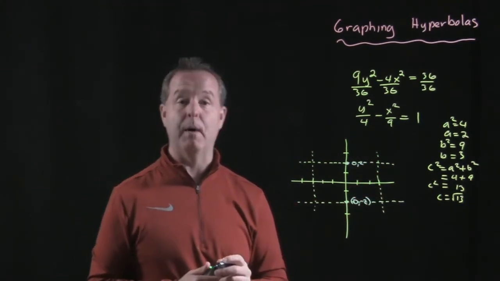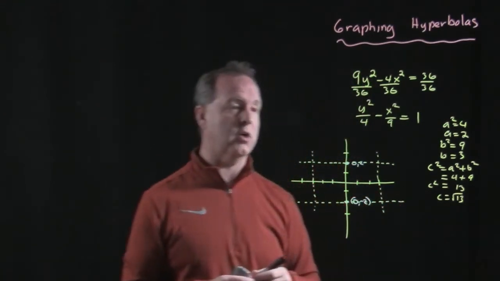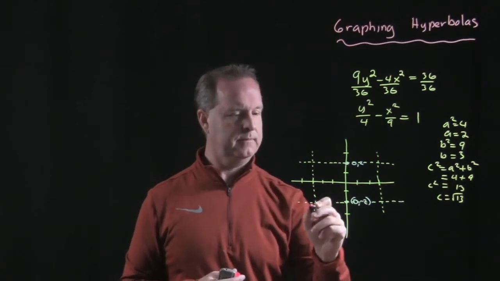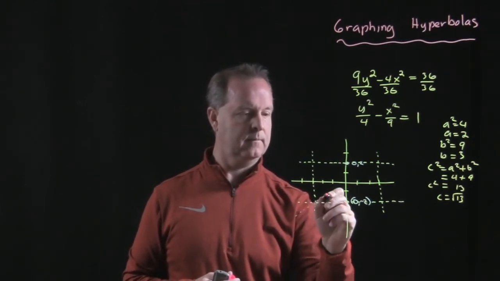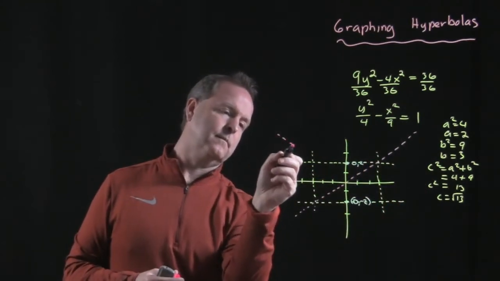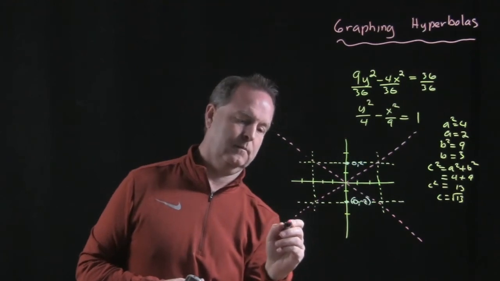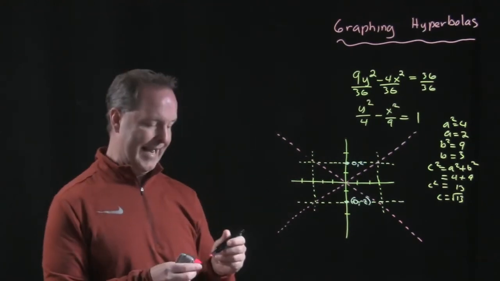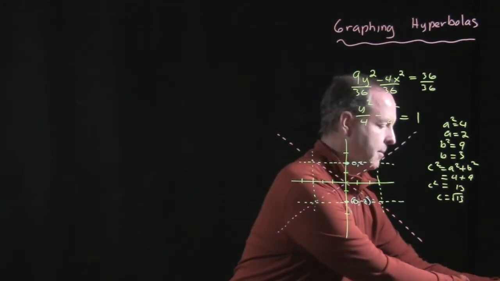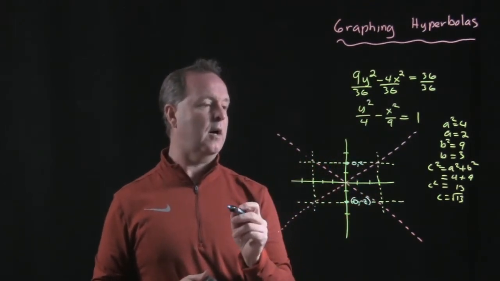All right, so there's the box that we have ready to go. That box allows me to start to draw the asymptotes. There are our asymptotes.